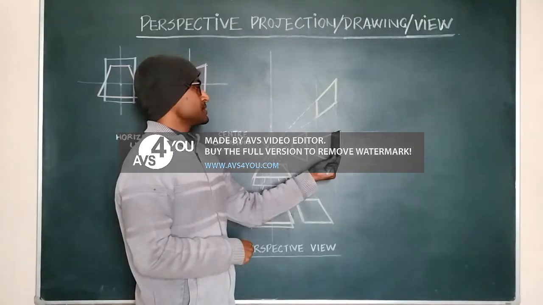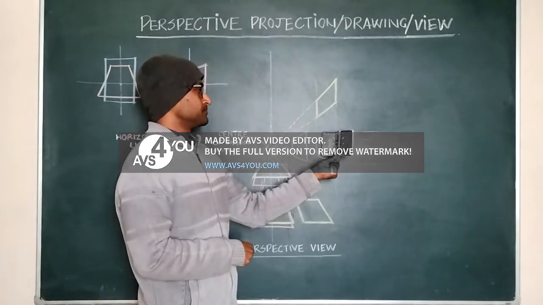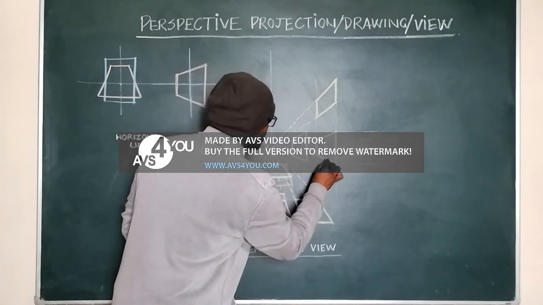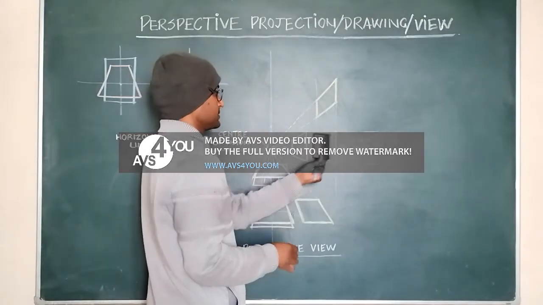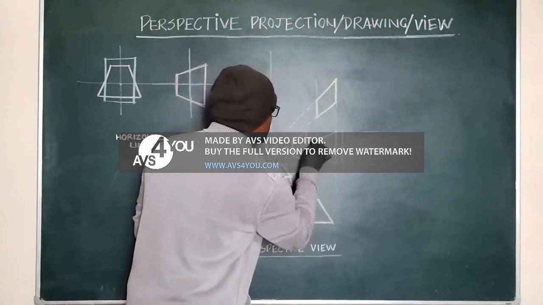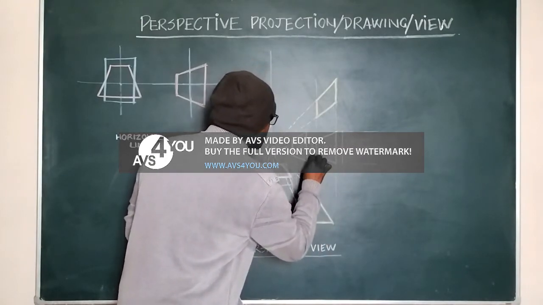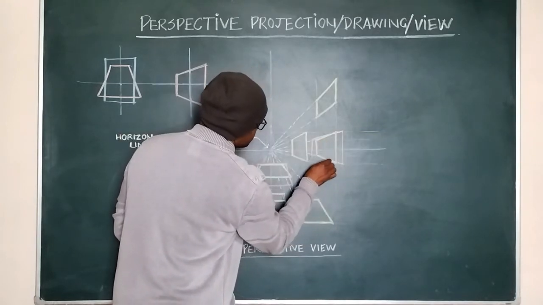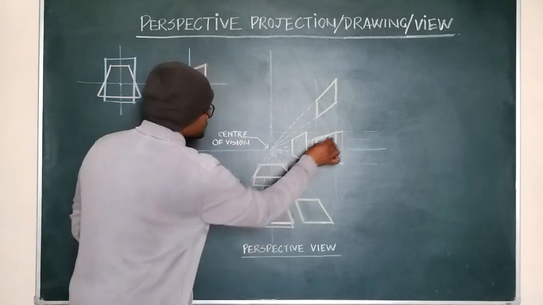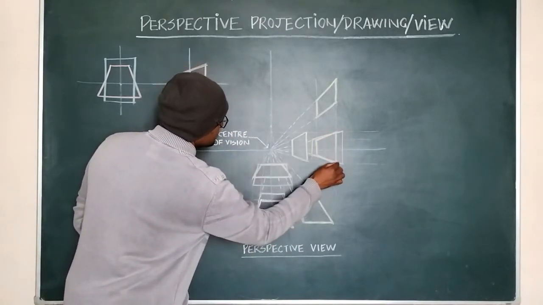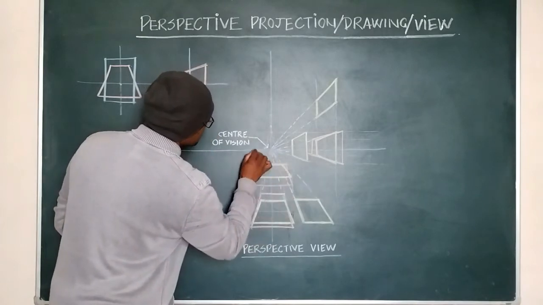Now, if I rotate the plane like this, so let me draw. Now I am rotating like this. Now these lines are no more perpendicular to the picture plane, so these lines are not going to merge here.